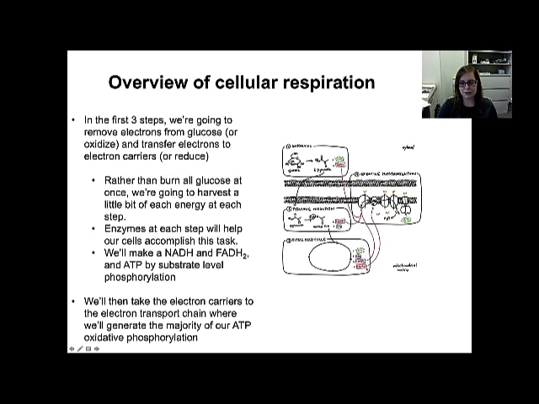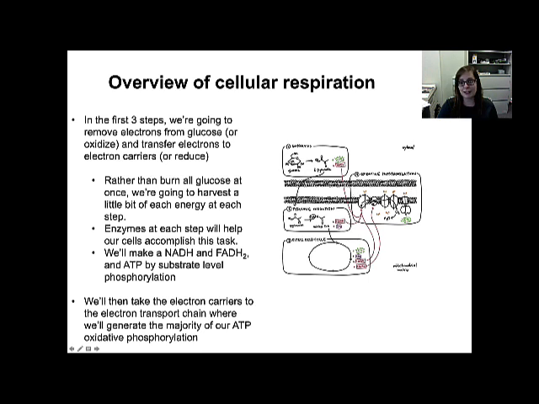These are electron carriers, and then all these electron carriers go into this electron transport chain. What this electron transport chain does is it creates an electrochemical gradient in the mitochondrial membrane.